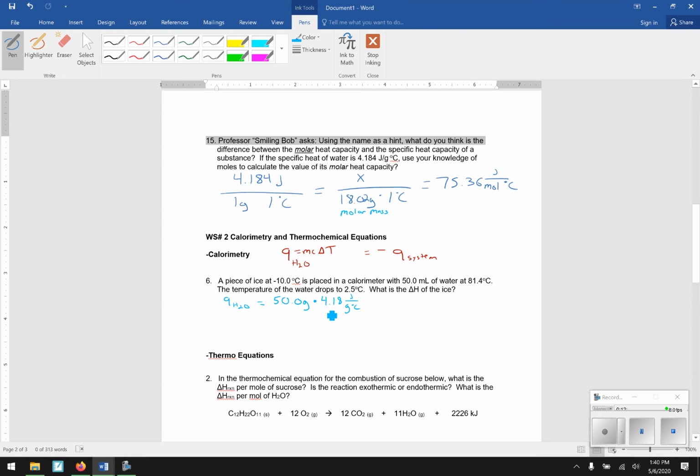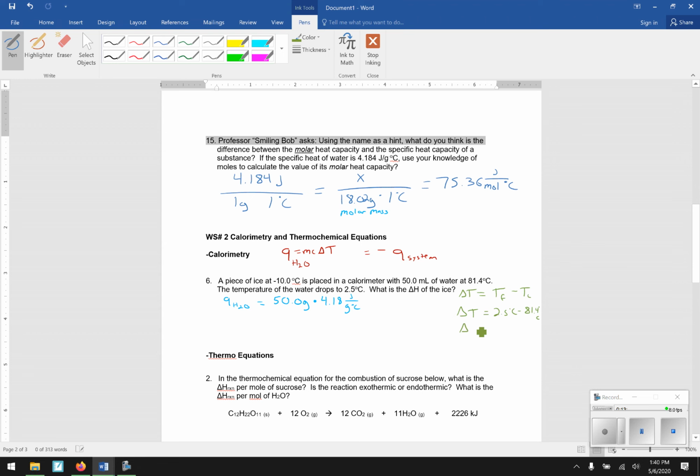And now we just need to figure out the temperature change. Well, delta T equals the final temperature, TF, minus the initial temperature. Delta T equals 2.5 degrees Celsius minus 81.4 degrees Celsius. Ran out of room there for the degrees Celsius.